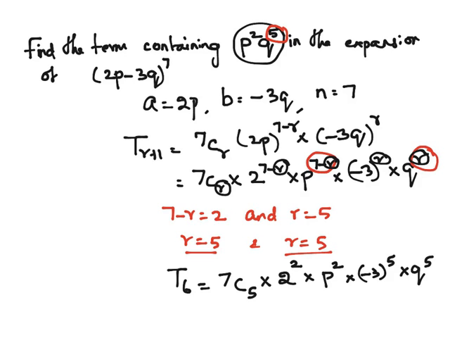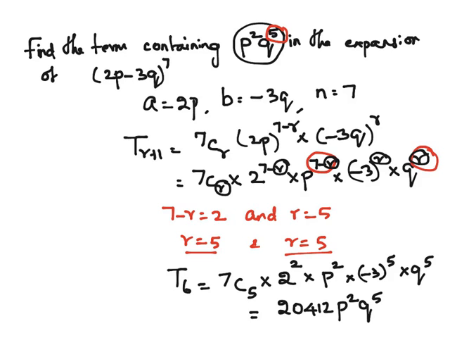If you use the calculator, you will get the answer 20412 p squared q power 5. So this is the answer. I hope you understand this.